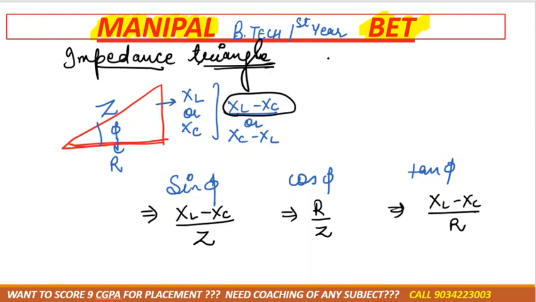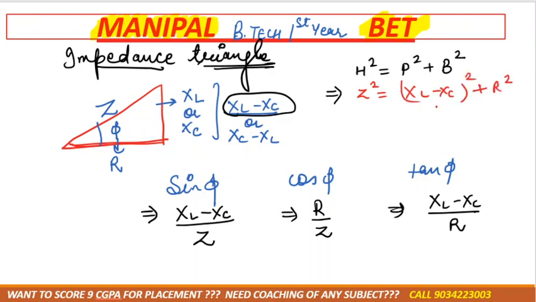Now can we apply the Pythagoras theorem in this particular triangle? H square is equal to P square plus B square. Now tell me, hypotenuse is what? Z square equals XL minus XC whole square plus R square.